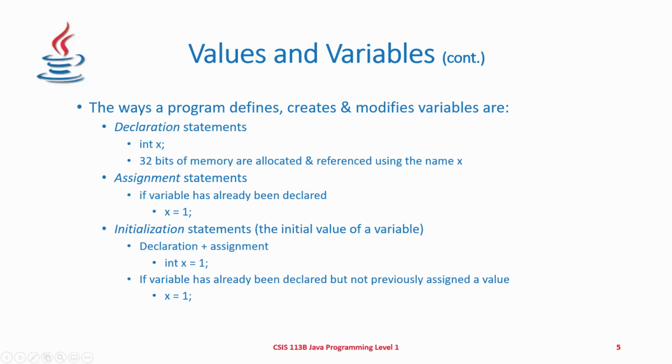Now, variables wouldn't be very useful unless we assigned literal values to them, and so we have also assignment statements. So an assignment statement is where you actually then assign a literal value to a variable. Now in the example there, we're showing you x equals 1.